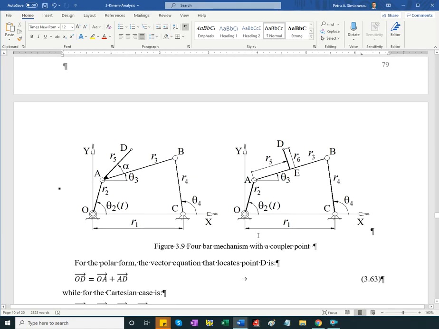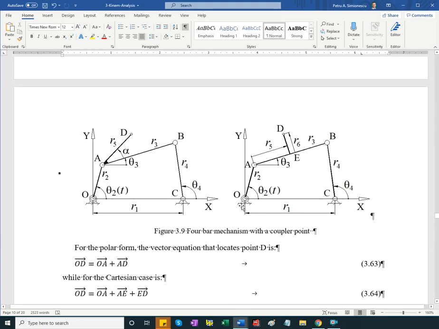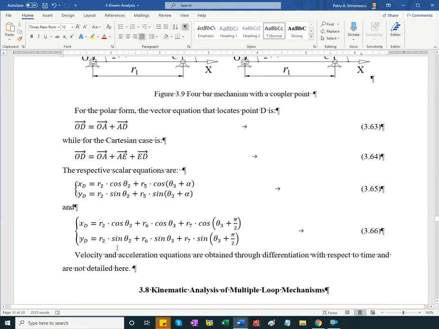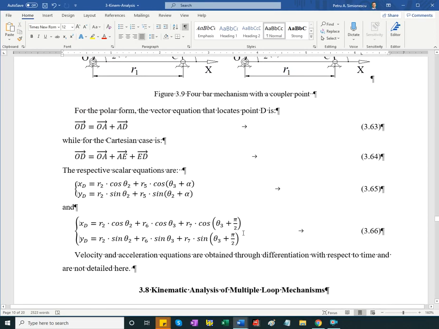So what do we have? R5 and R6. The vector loop is OA plus AE plus ED. So I have R2 cosine plus R5 cosine theta 3 plus R6 cosine of theta 3 plus pi over 2.